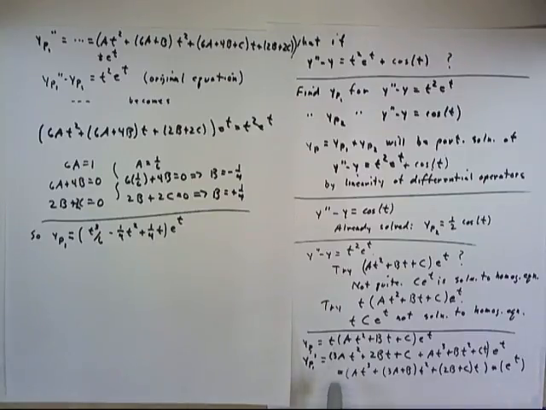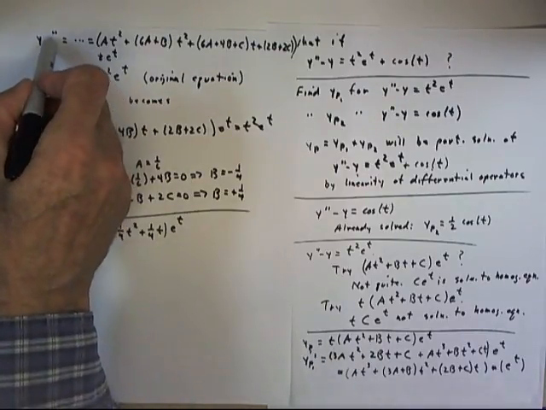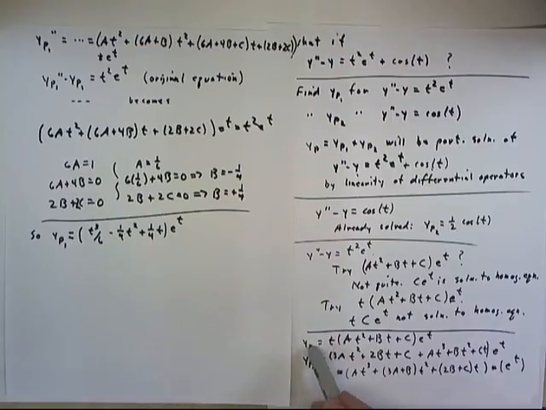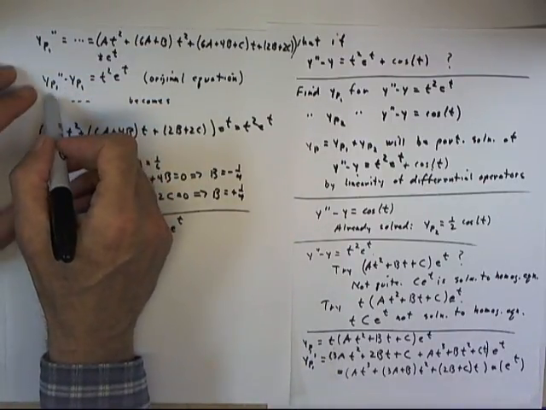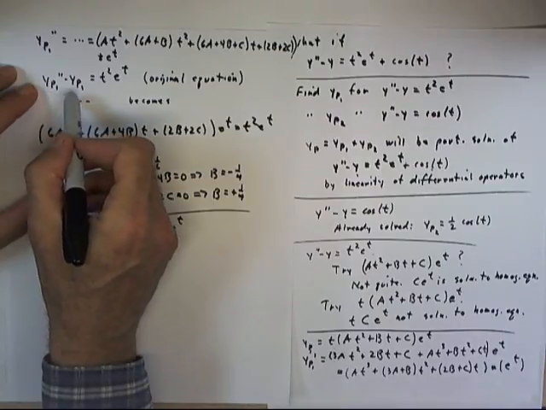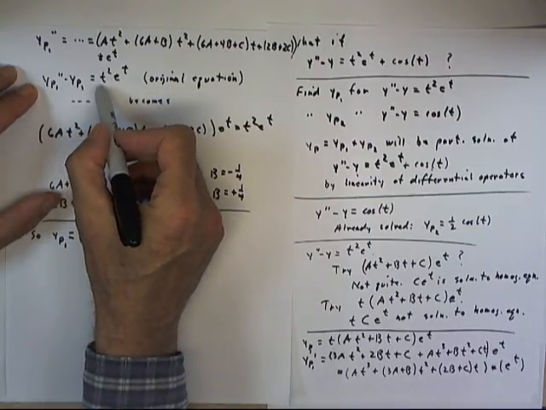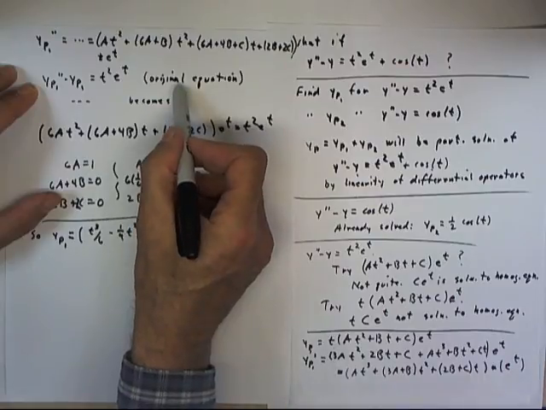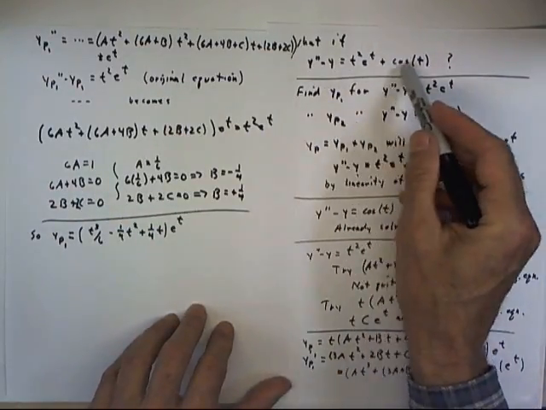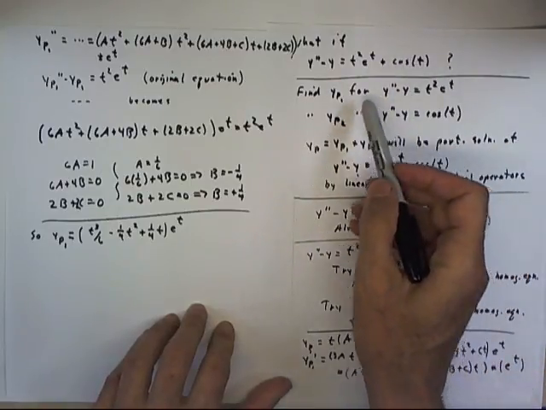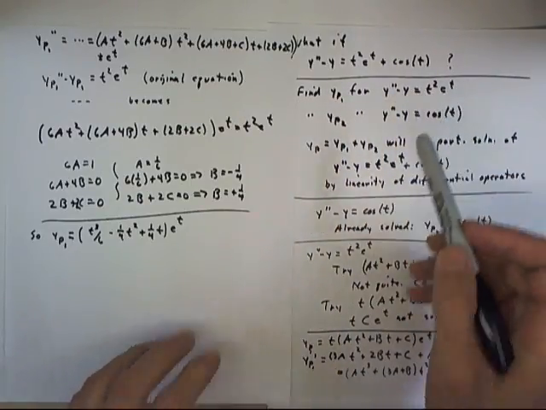Now, if we plug yp, and call it yp1, and yp1 double prime into the original equation, we're going to get yp1 double prime minus yp1, and that should equal t squared e to the t, which is our original equation. I guess we're coming back and calling this for the moment the original equation.